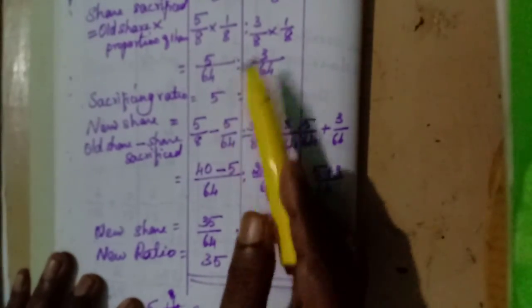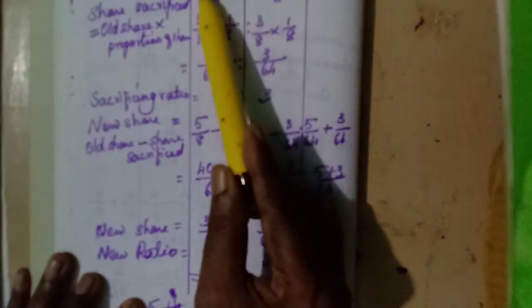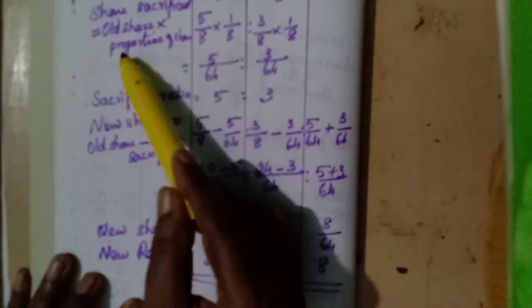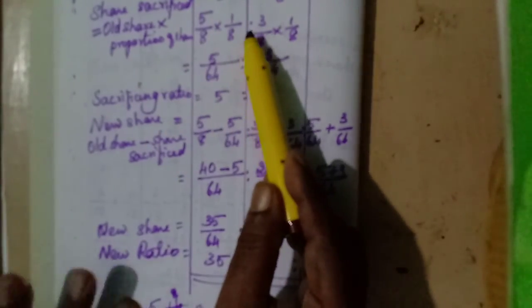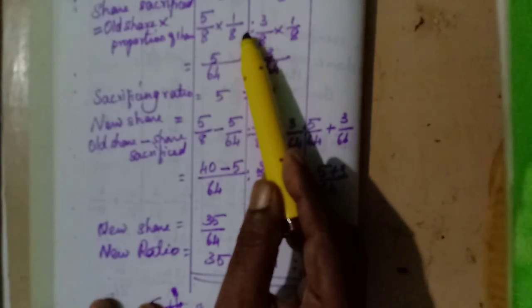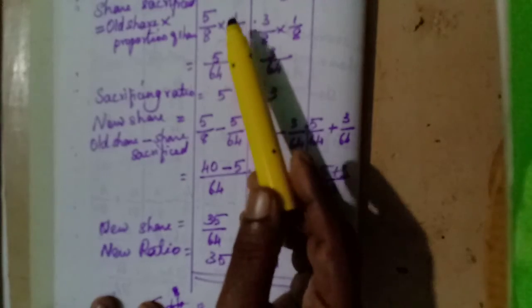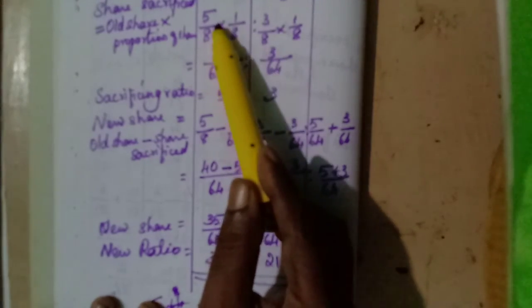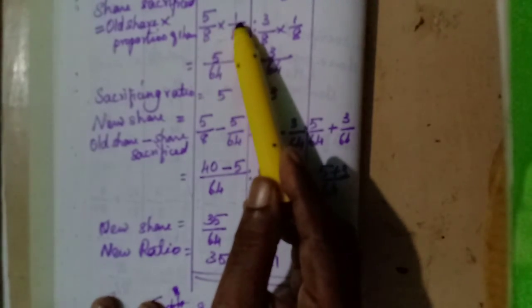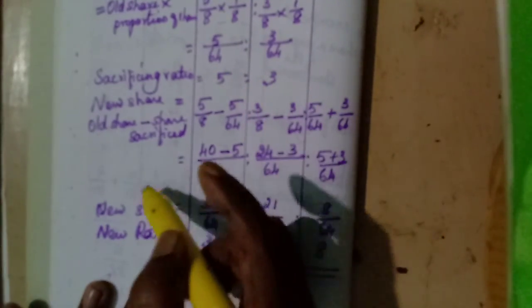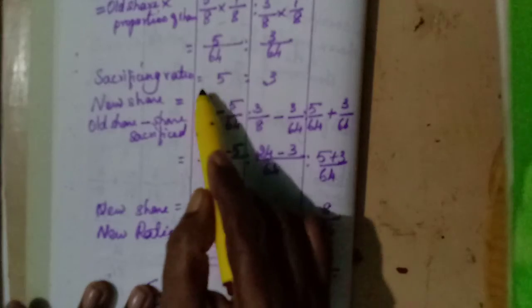The same method. Okay, another problem. Old share, old ratio, share sacrificed, proportion given 1/8 only they are sharing. So old share into proportion of the share sacrificed, proportion 1/8. We will get the share sacrificed.